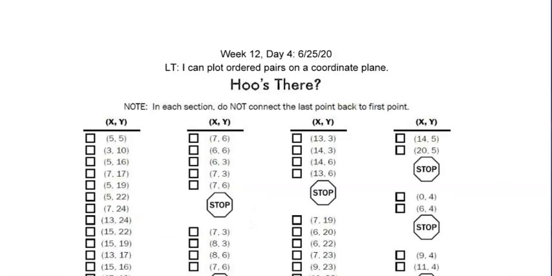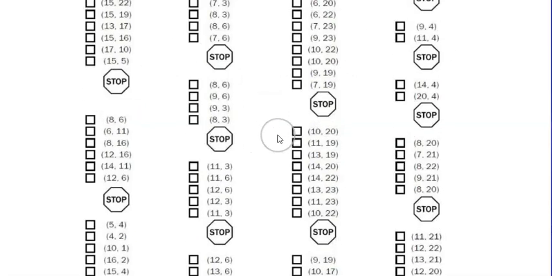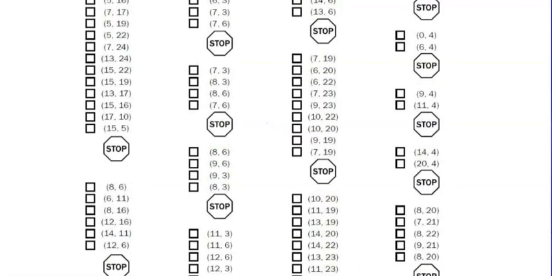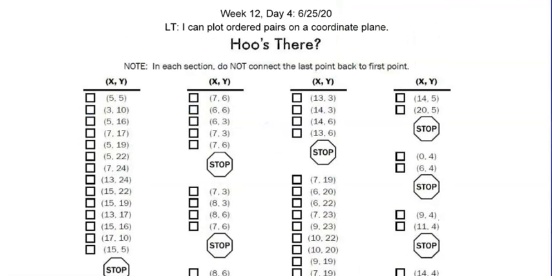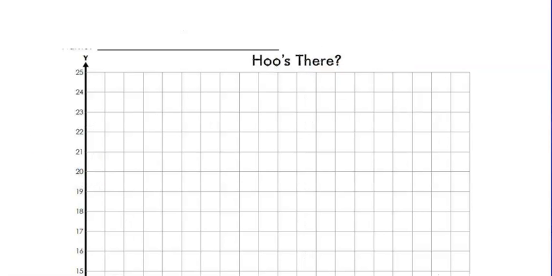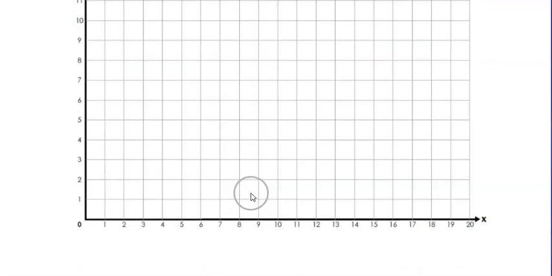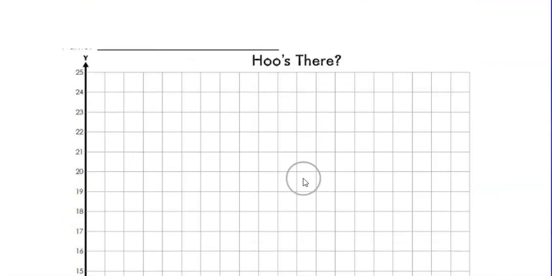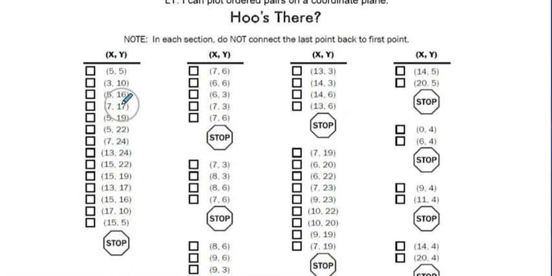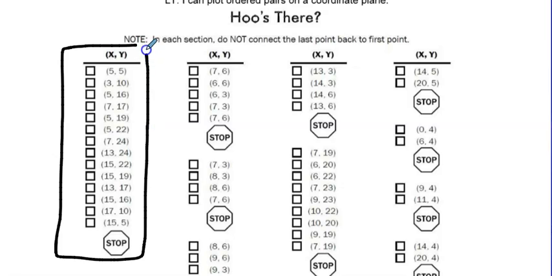All right, so super fun page for Thursday is going to be one of the mystery pictures. Just a reminder, 33 and 34 are going to go together. Your bottom is your X, along the side is your Y. And how you do this is you do each section on its own, okay?